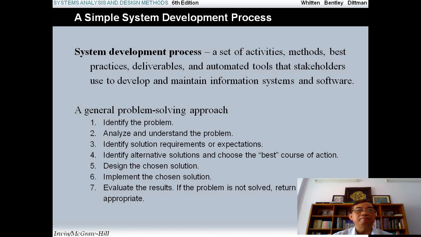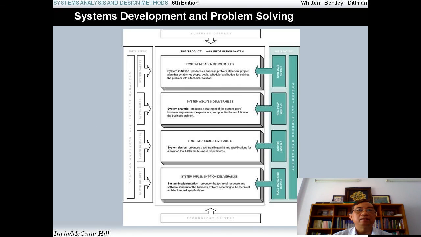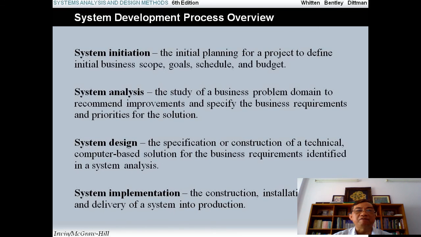And you see here system development and problem solving. A system development process overview: system initiation, the initial planning for a project to define initial business scope, goals, schedule, and budget. System analysis, the study of the business problem domain to recommend improvements and specify the business requirements and priorities for the solution.